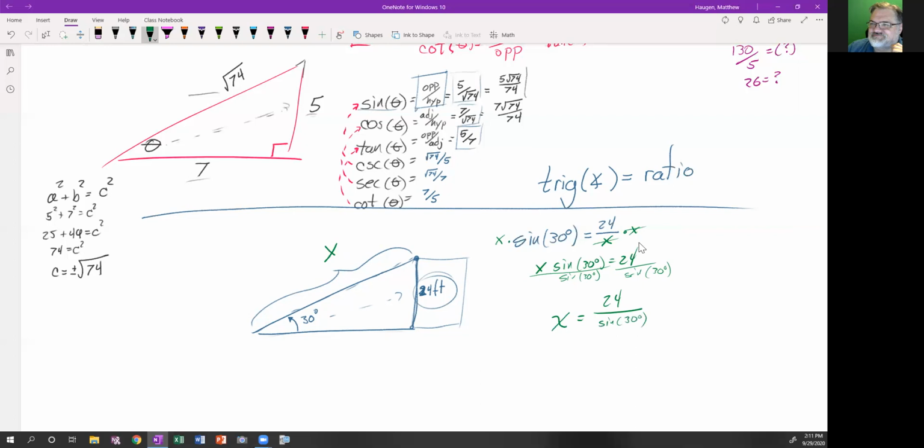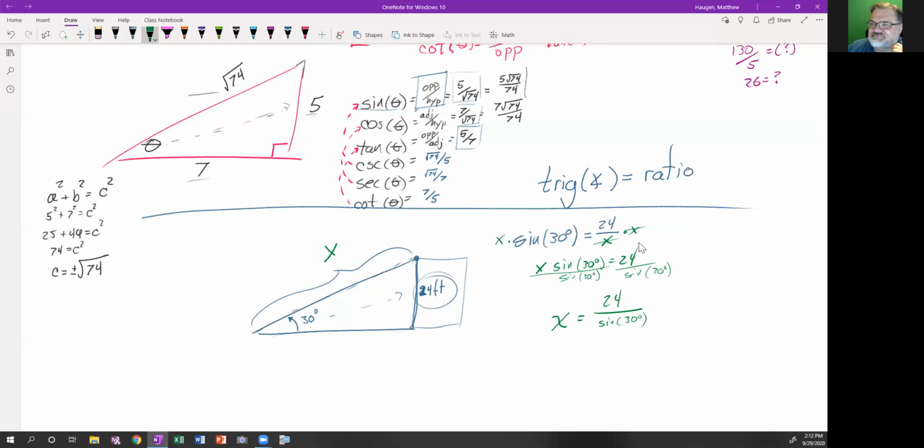Now, 30 degrees happens to be a very nice angle, particularly for the sine function, but it doesn't have to be. This value for sine, cosine, tangent, any of them, of an angle, we will ask the calculator to tell us what that known ratio is, and we will just use that ratio value.